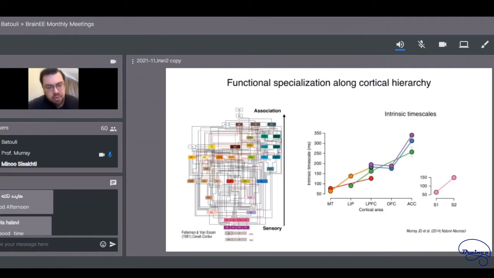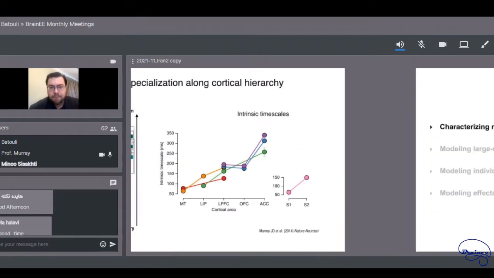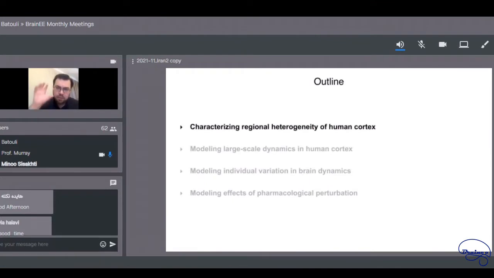So now, the challenge today is, these are principles that we observed in animals. And now the question is, how can we try to translate some of these up to the level of whole brain systems level human neuroimaging? And so I'm going to tell 4 brief vignettes, right? So one is, how do we even characterize the regional heterogeneity of human cortex?